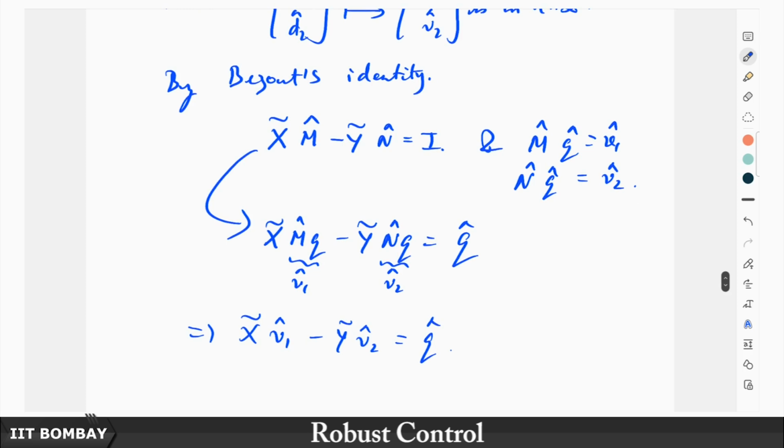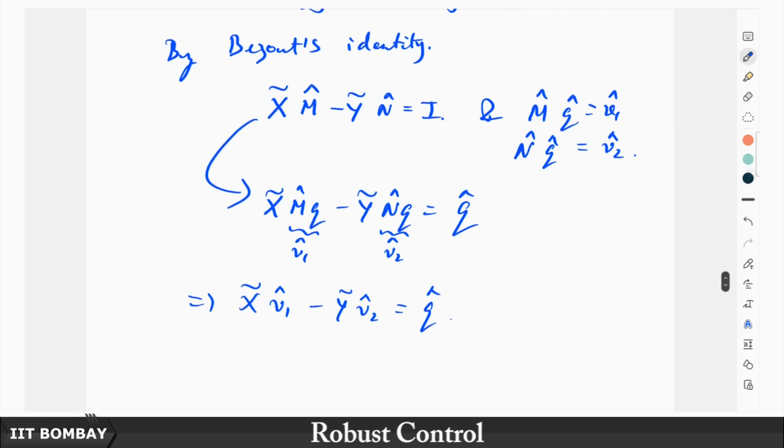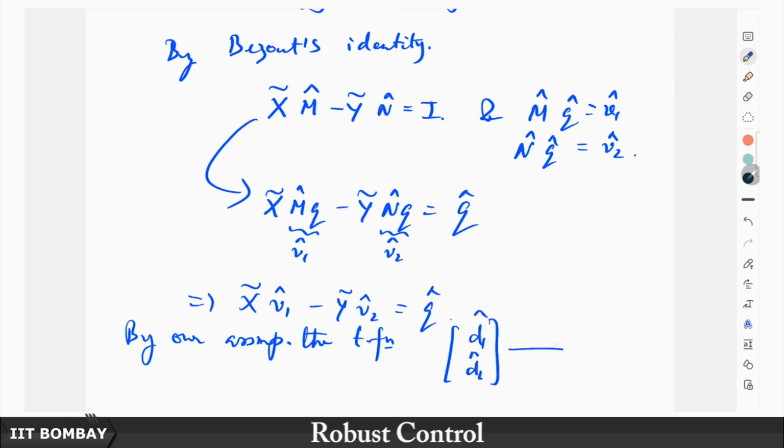Okay. So, what is essentially the implication of this relationship? Let us try and understand this. This shows us that there is a map from v1, v2 to q. So, what have we assumed earlier? Just recall that by our assumption, the transfer function between d1 hat, d2 hat and v1 hat, v2 hat belongs to RH infinity.